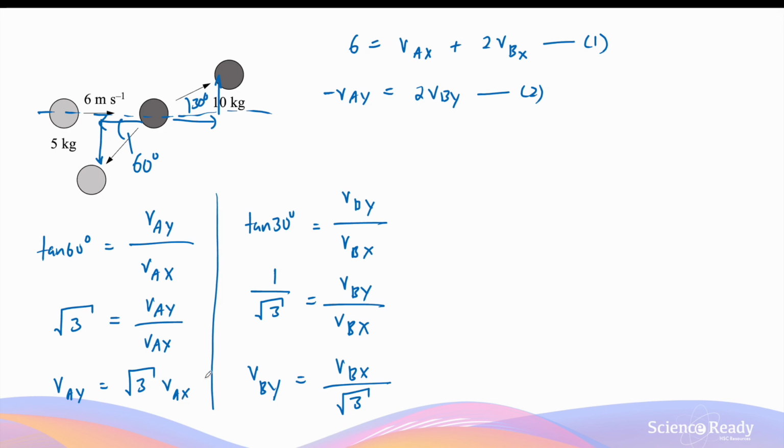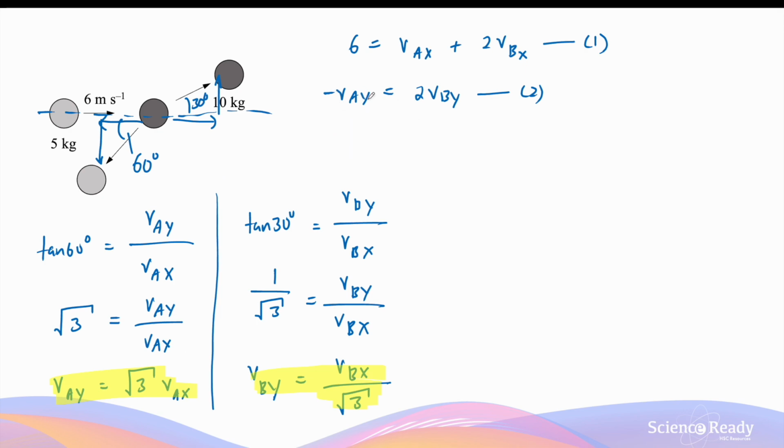Now, I have two new equations in terms of VAY and VBY, so the vertical components of the two balls after the collision. I am going to substitute both of these equations into my second equation that I derived earlier.